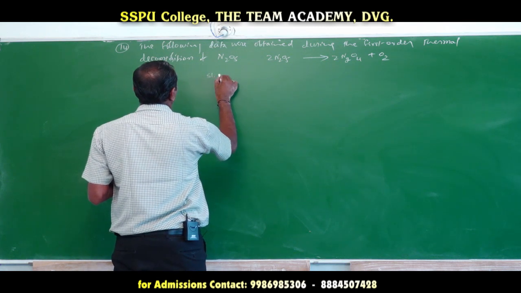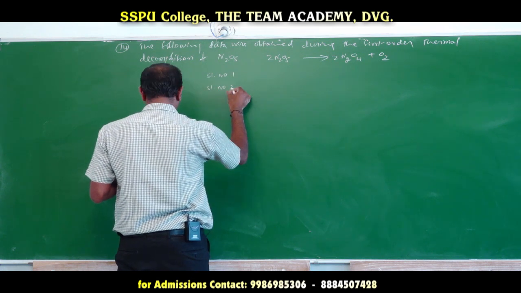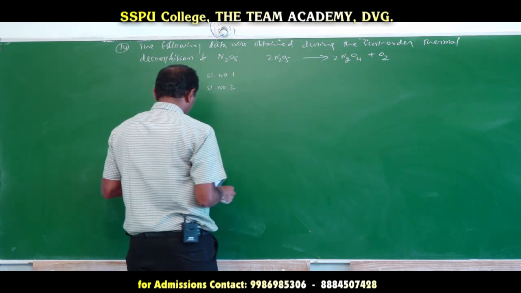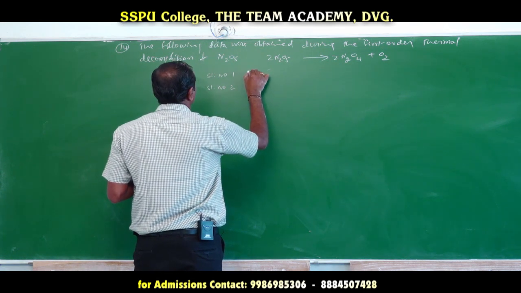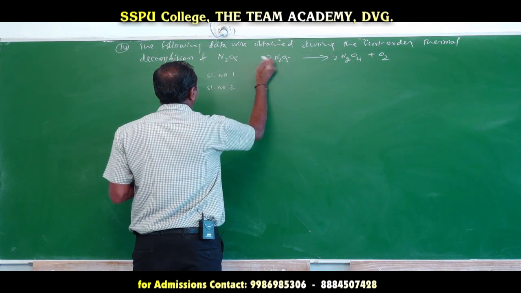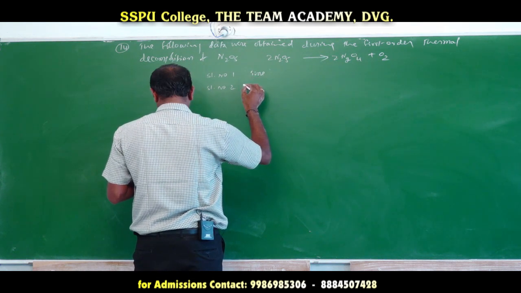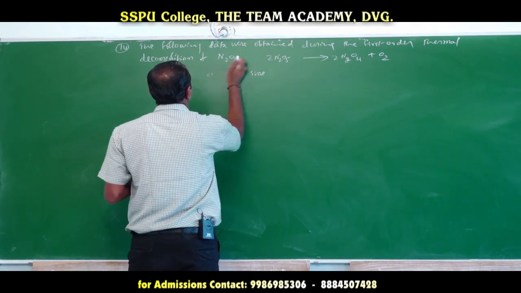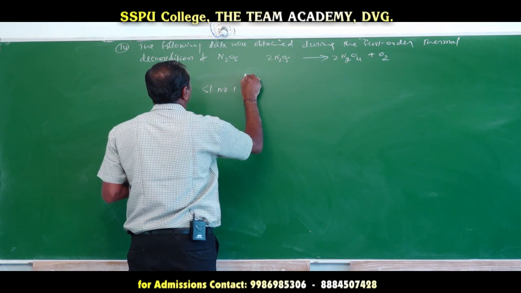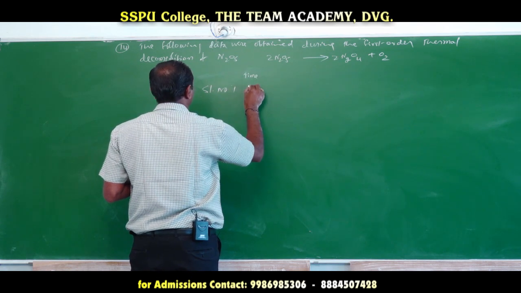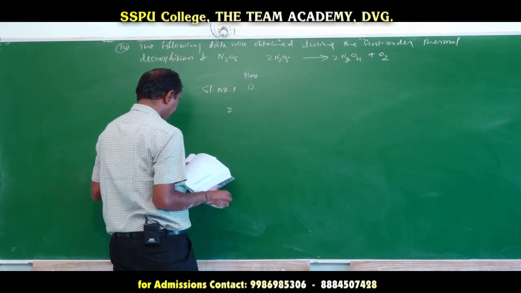Serial number 1, serial number 2, time in seconds is given. At time 0, serial number 2, when time is 100.